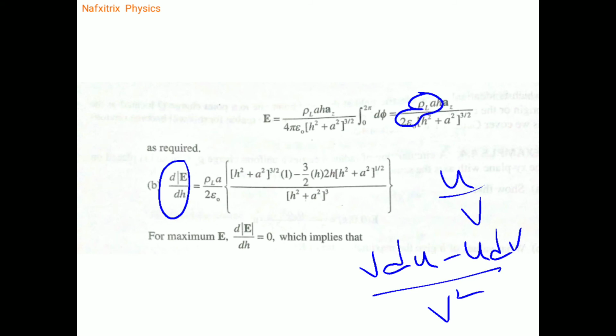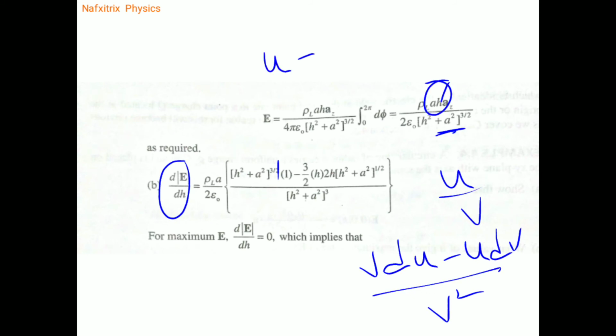So v, h square plus a square whole to the power of 3 by 2, into du by dh, which is 1, minus u dv. u is nothing but h.